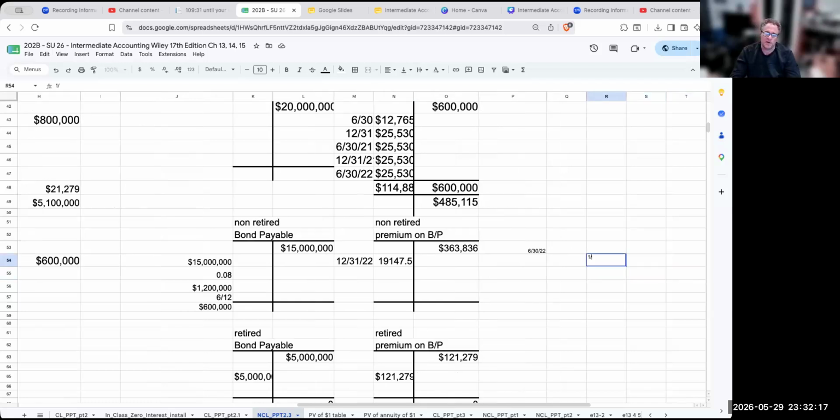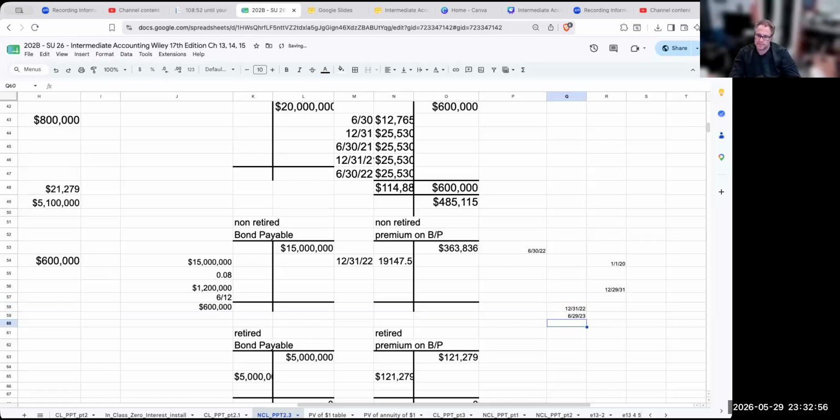The bond had an original date of 1/1/20, but it was issued on 4/1/20. And it's a 12-year bond, so this is going to be 12 plus 365 times 12. So this bond is going to be maturing on 12/29/31.